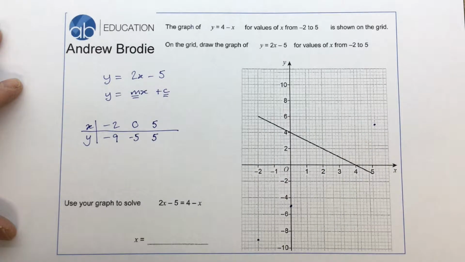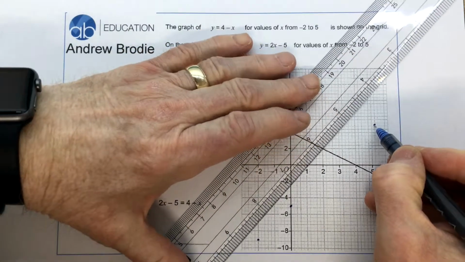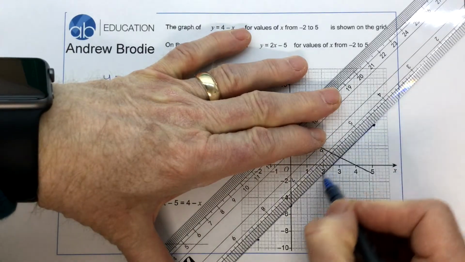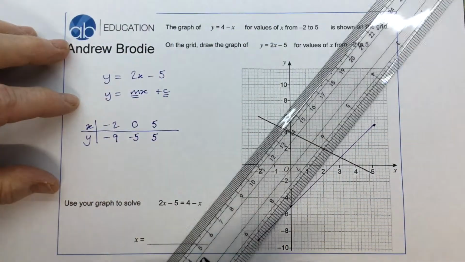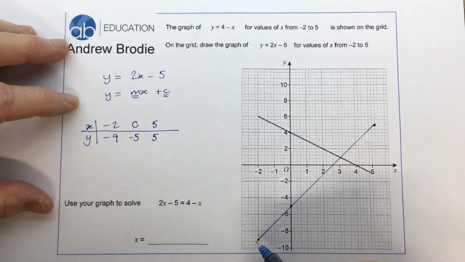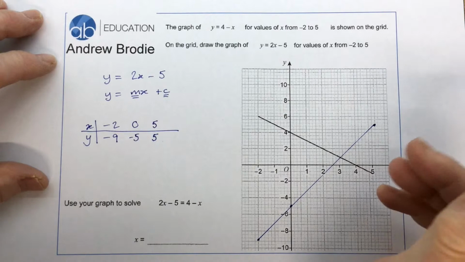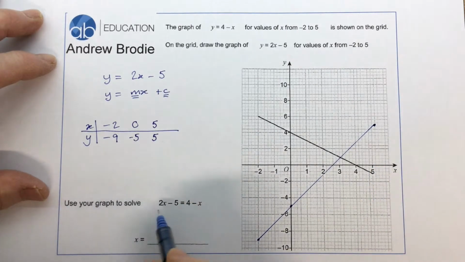But there it is. Now we join the coordinates, so from 5 down to -2, so there's the line for this graph from the x value of -2 to the x value of 5. The second part of the question says, use your graph to solve this little equation here.